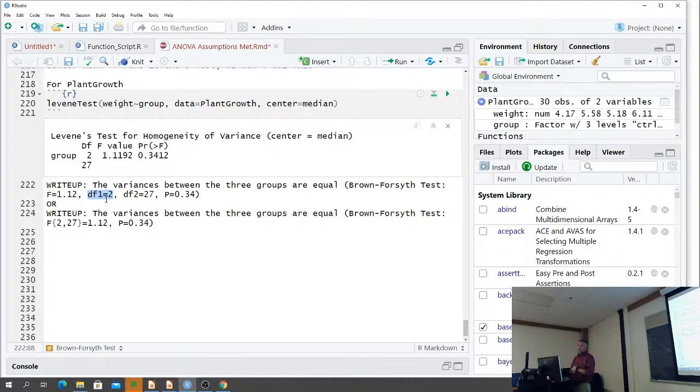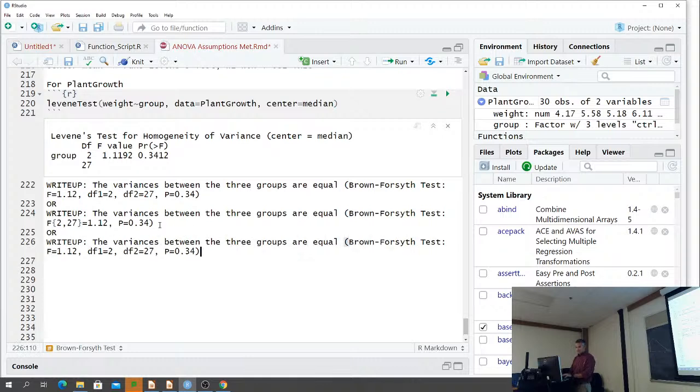That could work too. I'll accept that. I don't think journals will accept it. They prefer the subscripts, but if you do it for the write-up in this class, I'll take it. I think we're good.